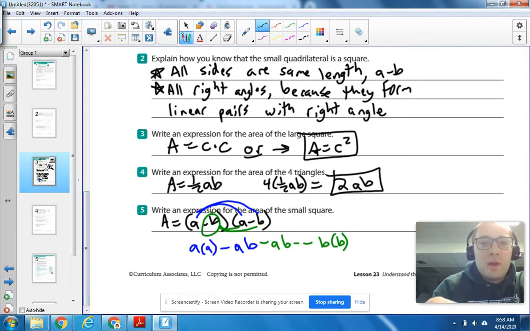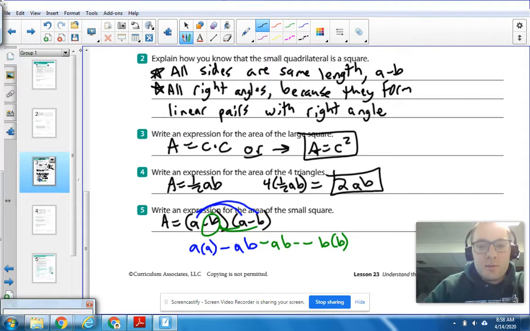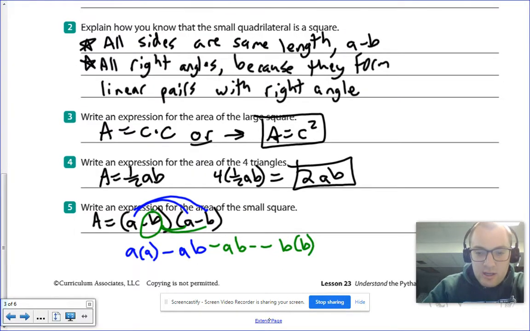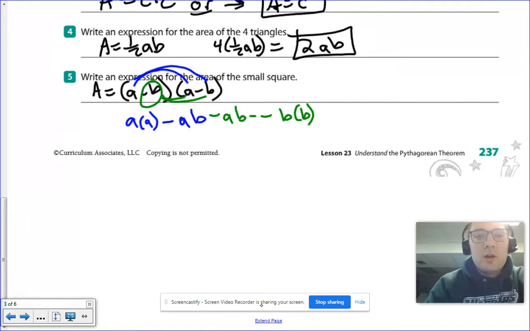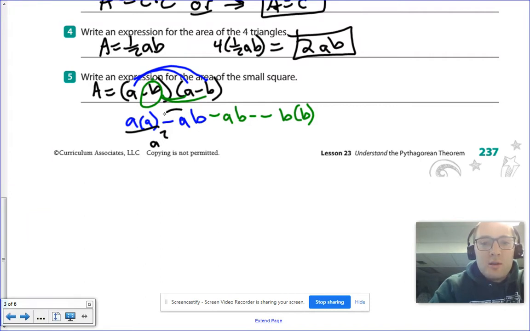So now we are going to simplify that so that it's not so long. So A times A is A squared. We have minus AB minus AB. So that's going to be minus 2AB. And then the minus a negative becomes plus, B times B is B squared.